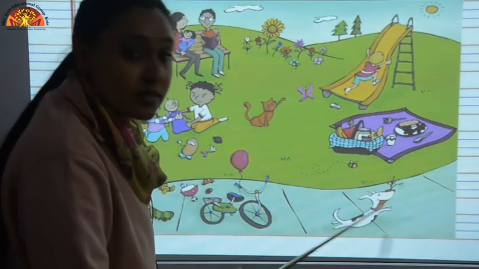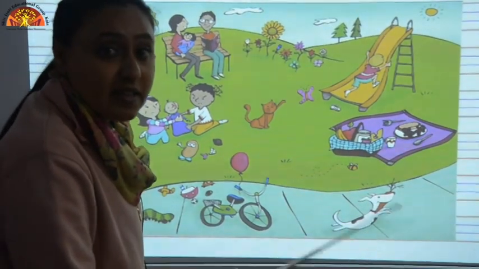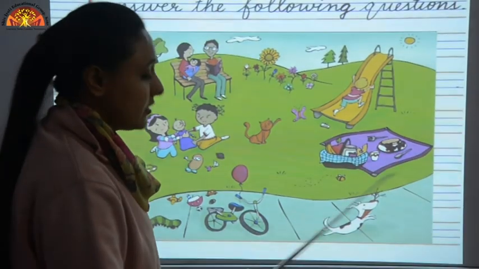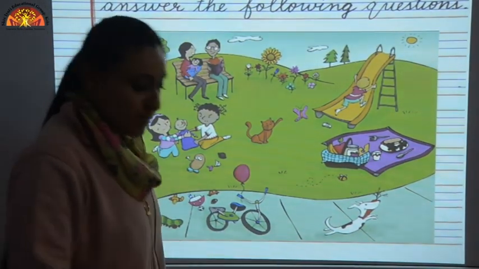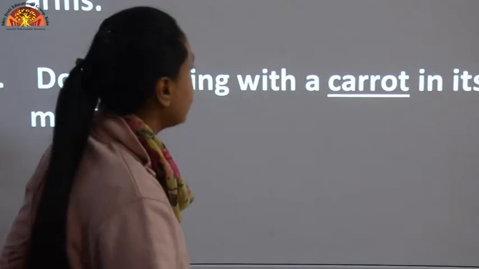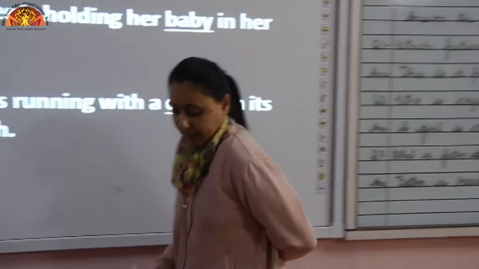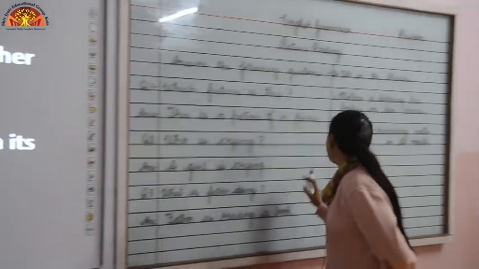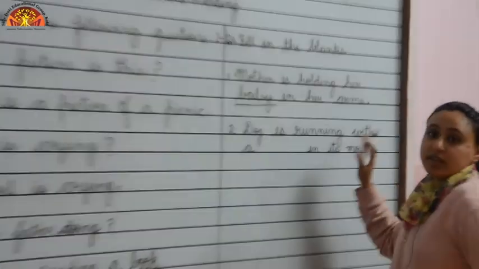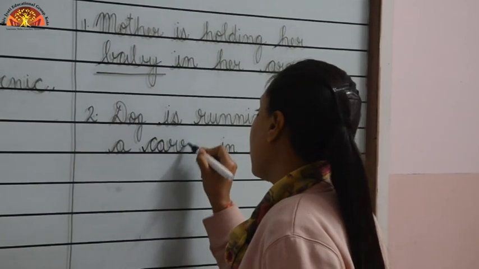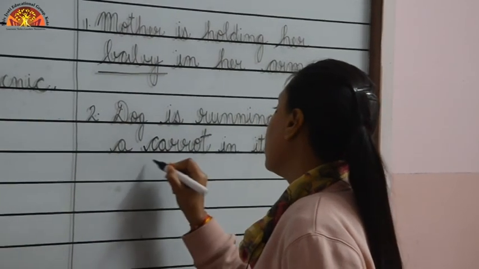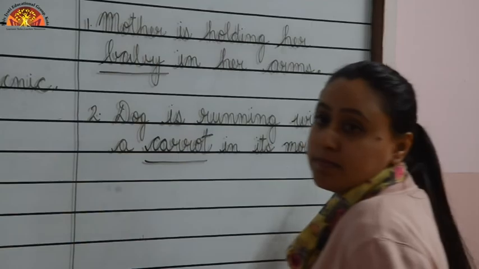You can see an orange red color carrot in its mouth. So a dog is running with a carrot in its mouth. Okay, dog is running with a carrot, C-A-R-R-O-T, carrot in its mouth.